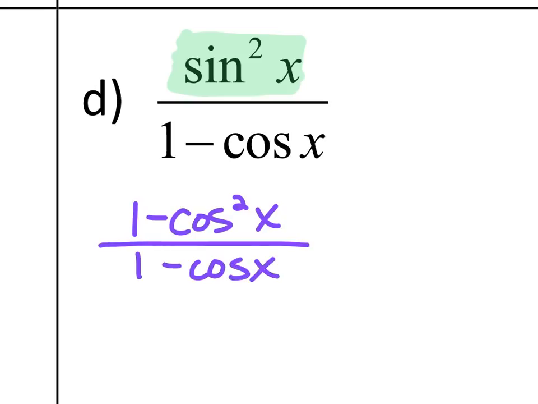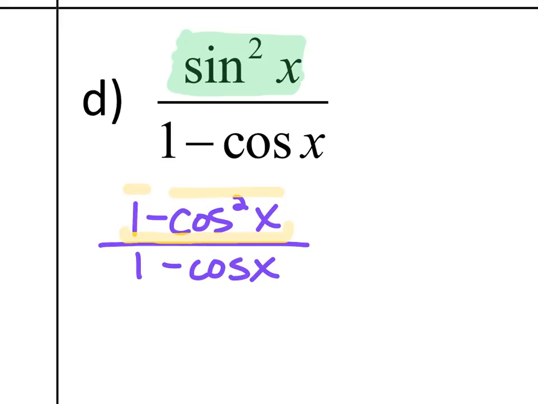Now, you cannot cancel anything from the numerator or the denominator of this fraction yet, because they're subtraction problems. You can only cancel from a numerator to a denominator if everything's being multiplied. But I should notice that the numerator is now a binomial, that the first term and the second term are both perfect squares. 1 is a perfect square, and cosine squared is a perfect square.